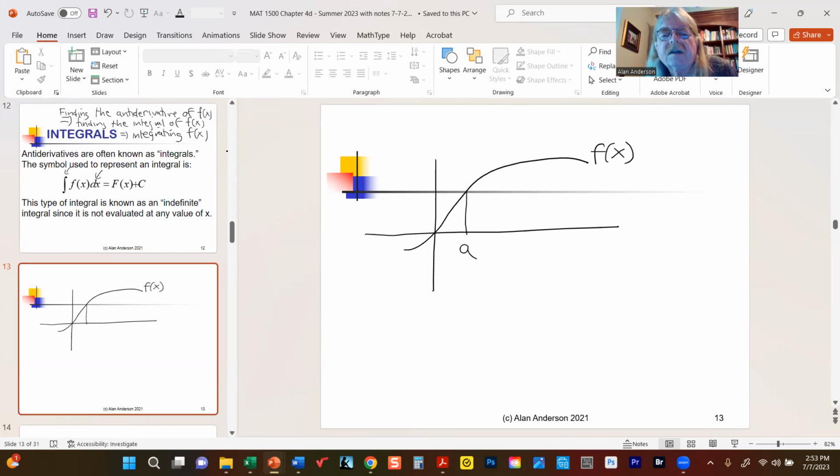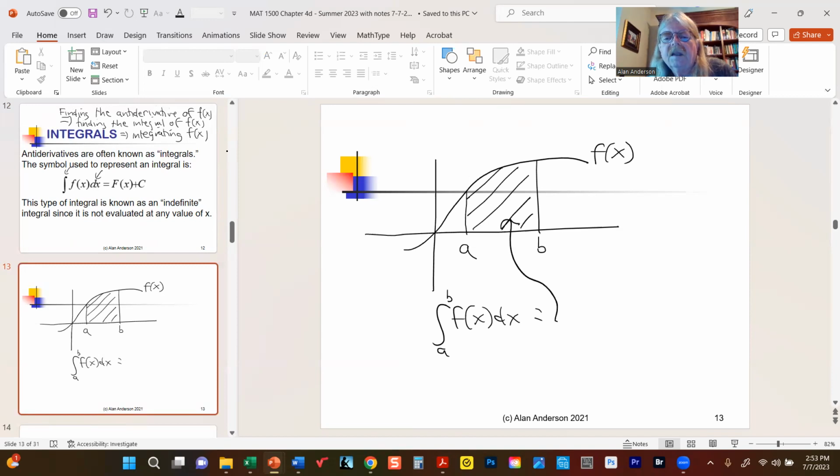Let's say you were interested in the integral of this function between this interval a and b. That equals the shaded region under that curve.